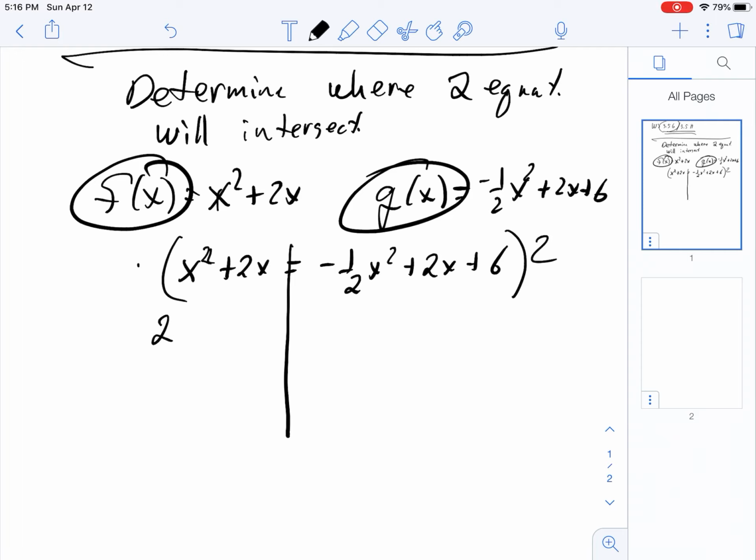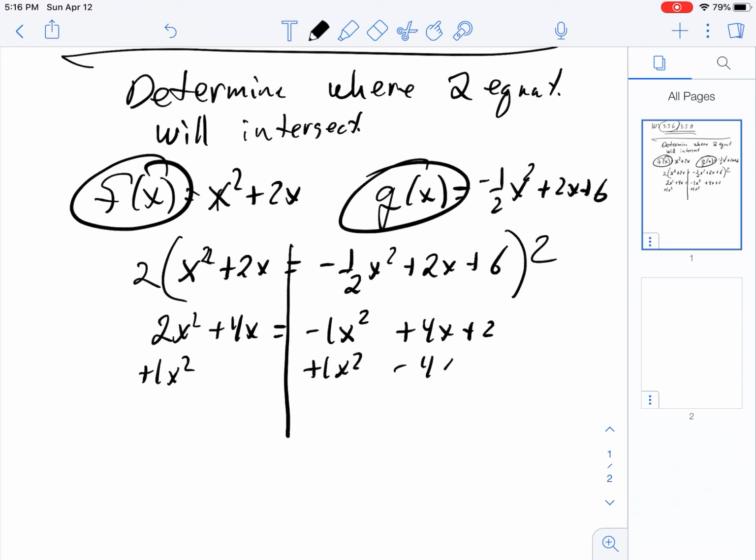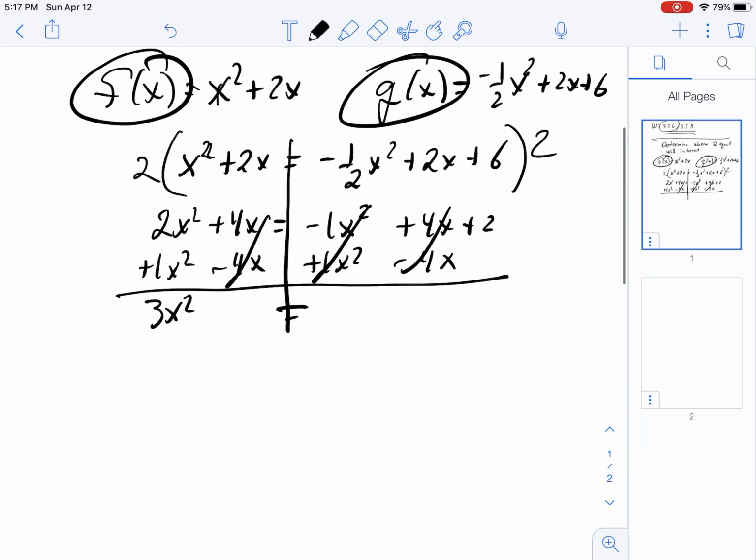So we have 2x squared plus 4x equals negative 1x squared plus 4x plus 12. So add 1x squared, moving everything to the left side, minus 4x, and I'm going to stop there because something happened here. We had 3x squared, and there's no other x's.